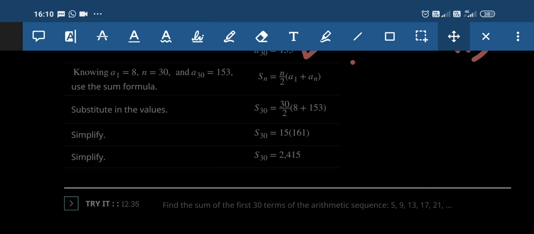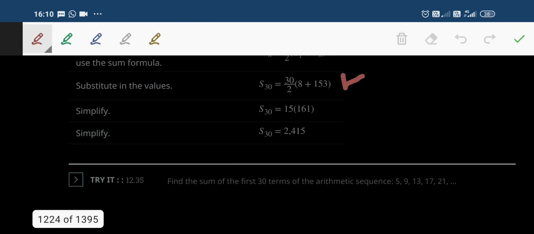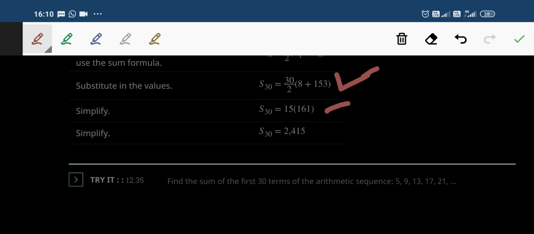S30 equal to 30 by 2 into 8 plus 153. 30 by 2 is 15, 153 plus 8 is 161. 15 into 161 equals 2445. See, this became very easy with the use of the sum of first n terms formula. Otherwise we would have to use the calculator and do everything. That's going to take a lot of time.